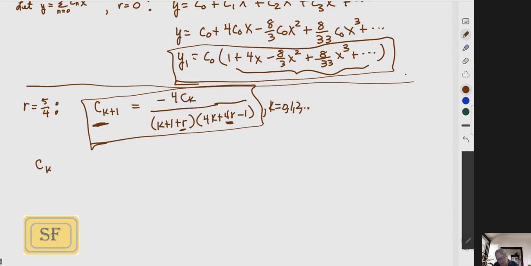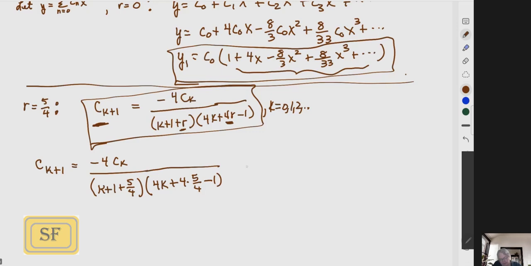Then our recurrence relation becomes negative 4 c sub k over k plus 1 plus 5/4 times 4k plus 4 times 5/4 minus 1, which is going to simplify to negative 4 c sub k over, let's see, 1 times 5/4 is 4/4 plus 5/4, or 9/4.